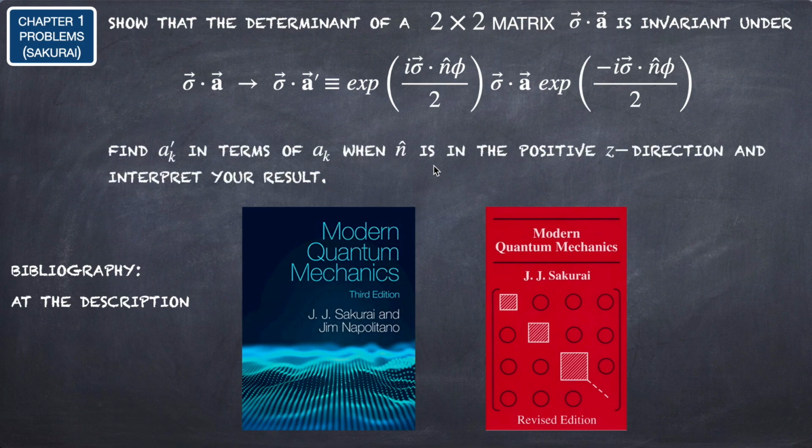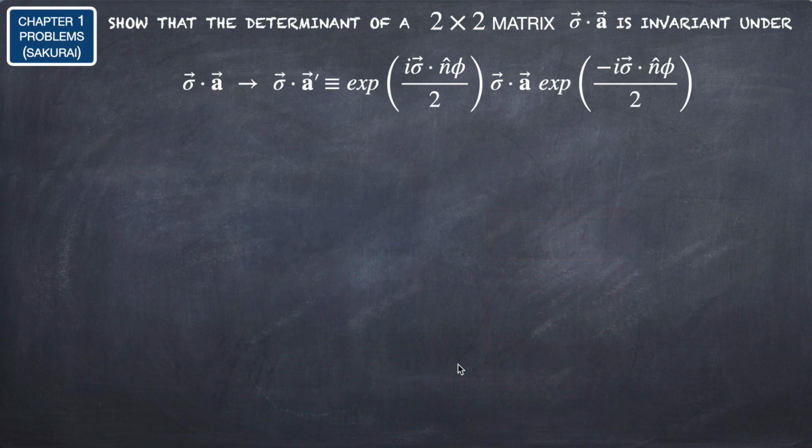And then we need to find A_k prime in terms of A_k, where A_k and A_k prime are the components of the vectors A and A prime. Then, in a particular scenario where this unit vector n is in the positive z direction, we are going to interpret our results.